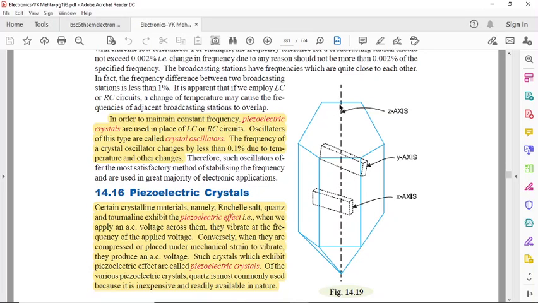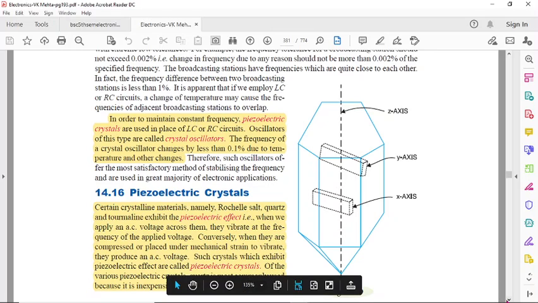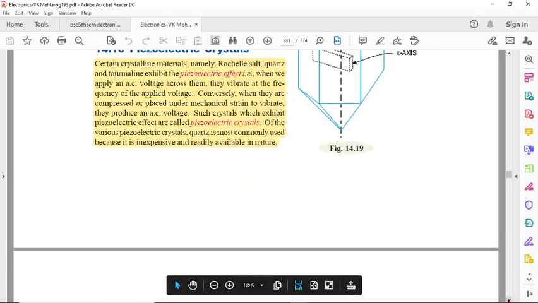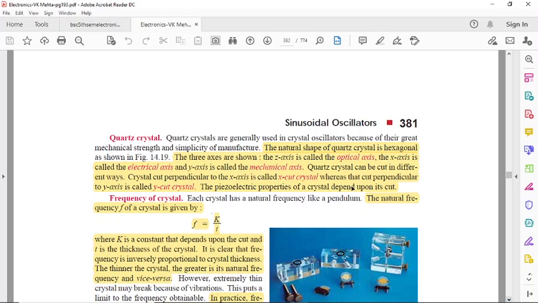So draw this crystal structure and study it: the Z axis, Y axis and X axis. These three axes are known by three names. The Z axis is called the optical axis, the x-axis is called the electrical axis, and the y-axis is called the mechanical axis. And the quartz crystal can be cut in different ways.